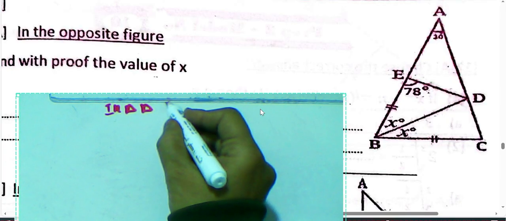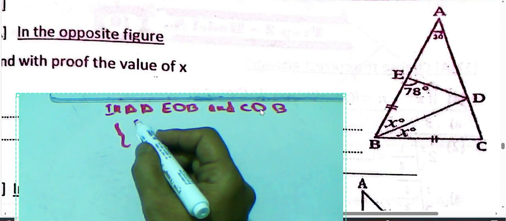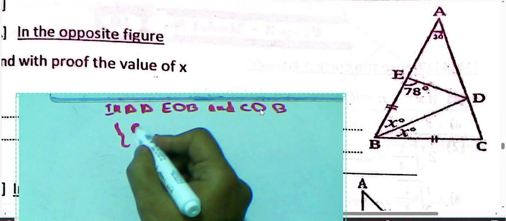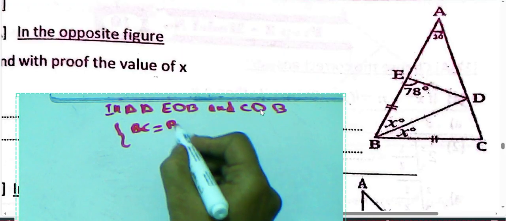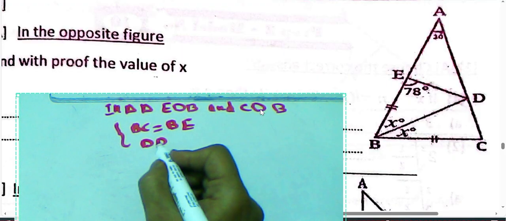So we can prove it with two triangles: the first triangle ADB, and the second triangle CBD. First condition, BC equals BE, they are equal, and DB is a common side. BD is a common side, and the third, x equals x.